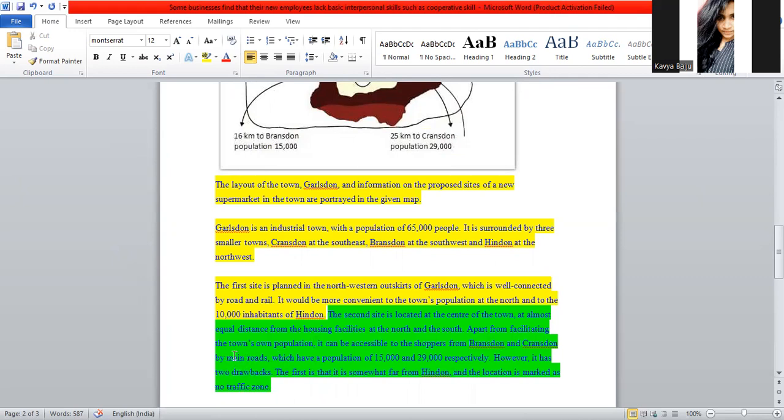These have populations of 15,000 and 29,000 respectively.